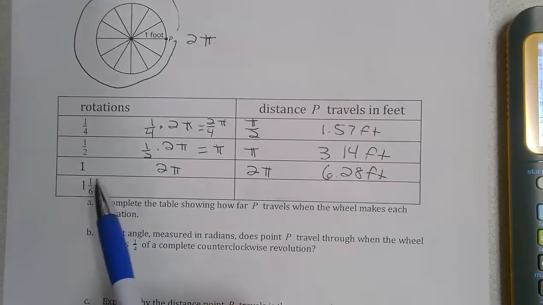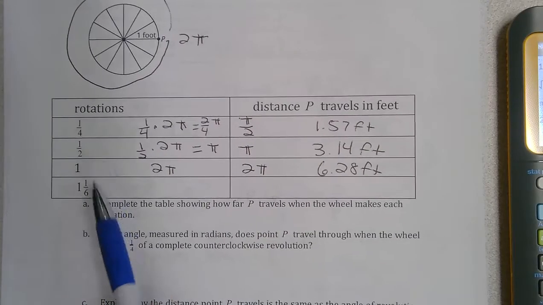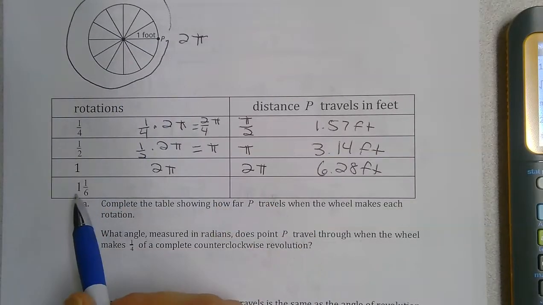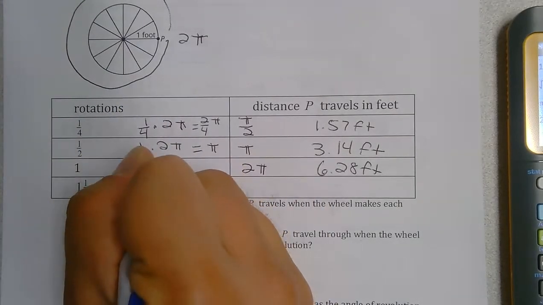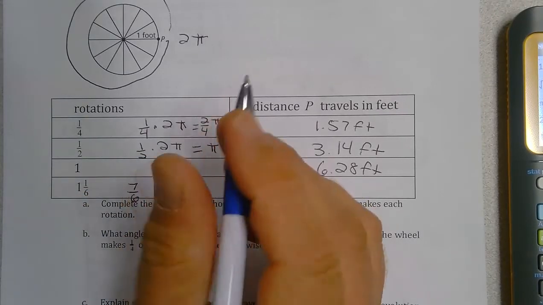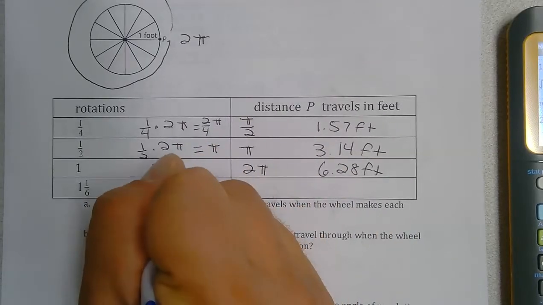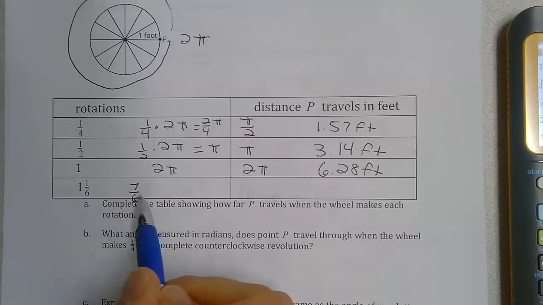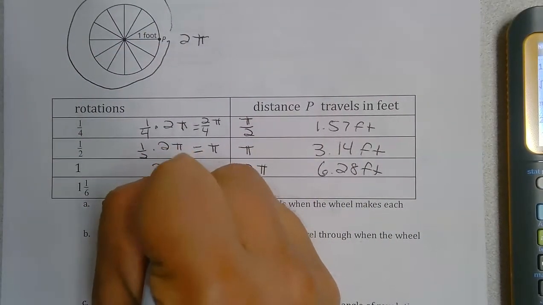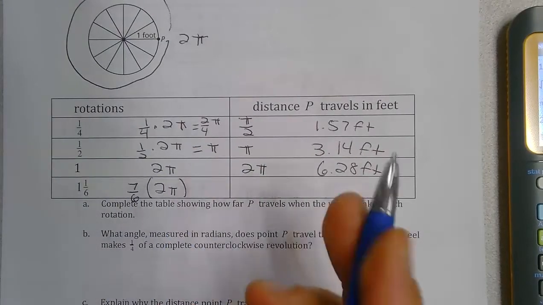And then here you have 1 1/6. So 1 1/6 would be 7/6 pi. So really it would be 7/6 of a full 2 pi rotation. So you go 7/6 times 2 pi, which you would multiply in the numerators there.